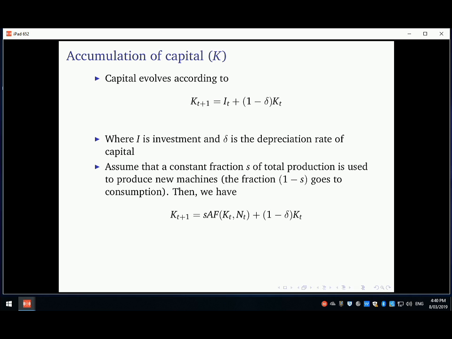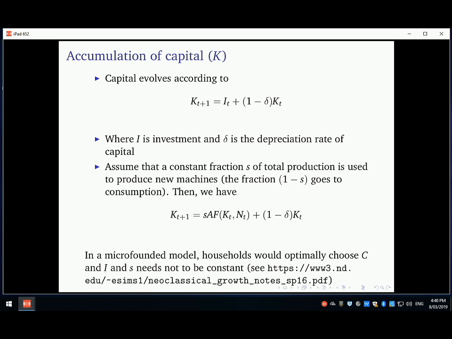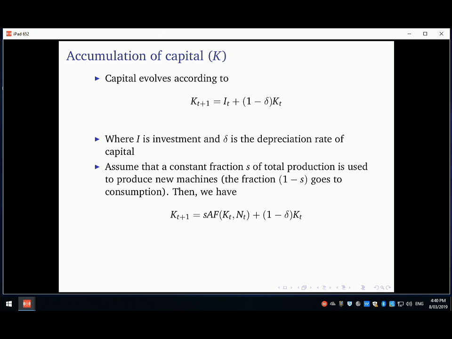So then we also make another important assumption. We're going to assume that investment is just equal to a fraction s, little s, of total output. So from the total production out there, from all the chairs and computers produced by firms, households will use a fraction s for investment, and the other fraction will be used as consumption.